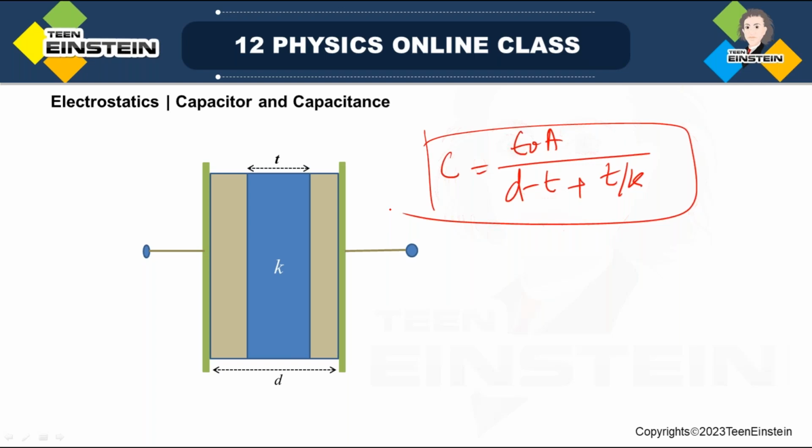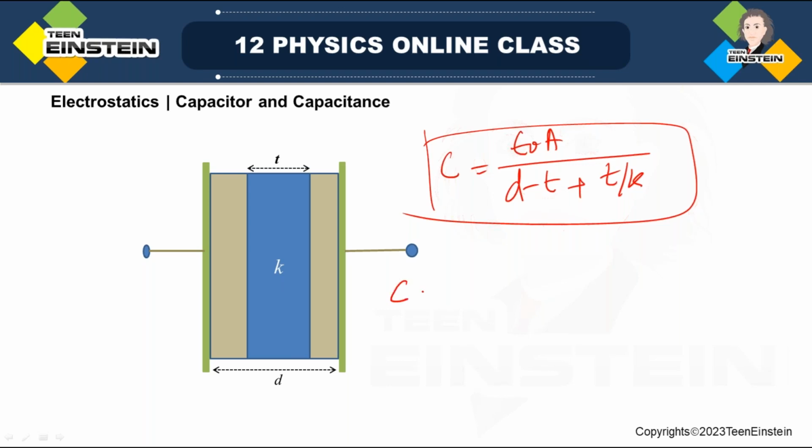Okay. Now at this place itself, there are a few points to be understood. Look here. Suppose n number of such slabs are given.